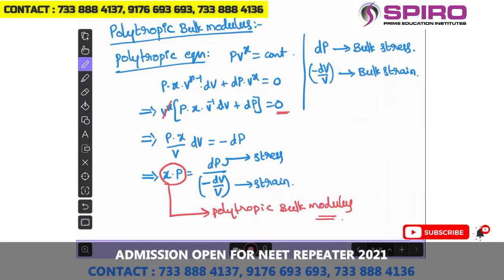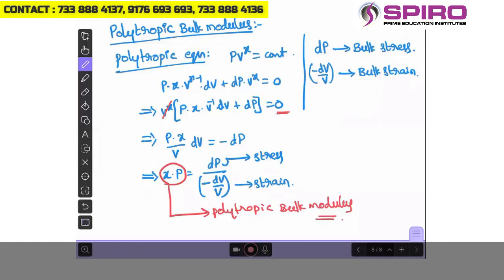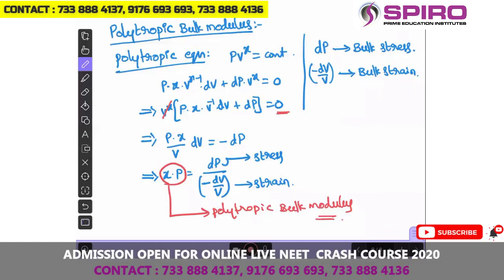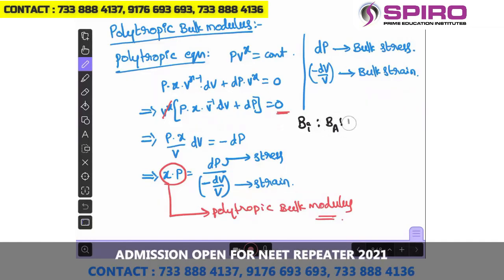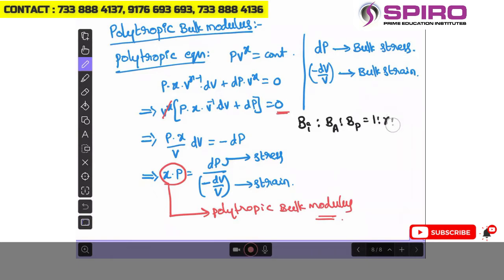So the isothermal bulk modulus, adiabatic bulk modulus and polytropic bulk modulus are in a ratio. Let me represent the bulk modulus with the letter B. The bulk moduli ratio can be given as isothermal bulk modulus Bi is to adiabatic bulk modulus Ba is to polytropic bulk modulus B polytropic as 1 is to gamma is to x.